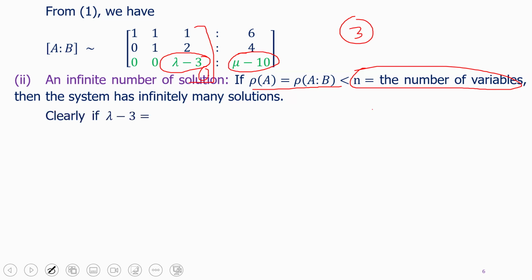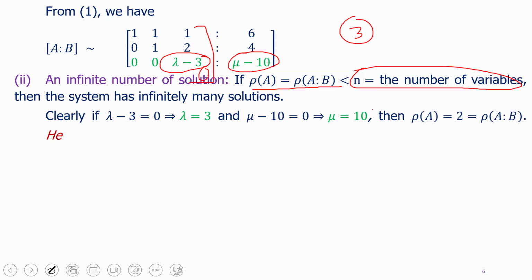Clearly, if lambda minus 3 is 0, means lambda equal to 3, and mu minus 10 equal to 0, means mu is equal to 10, then the rank of A is equal to 2, which is equal to the rank of the augmented matrix.